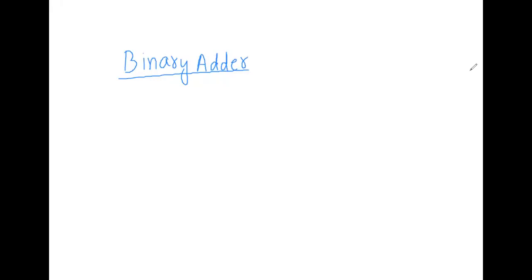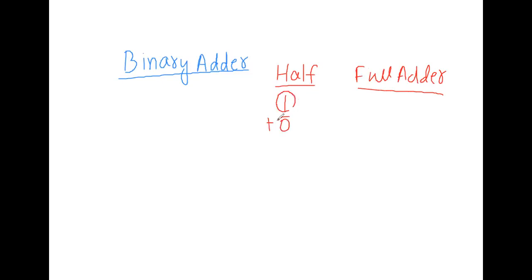First of all, half adder and full adder we have already discussed. In half adder we have the permission for adding two bits, like 1 plus 0. This is a single bit, this is a single bit.